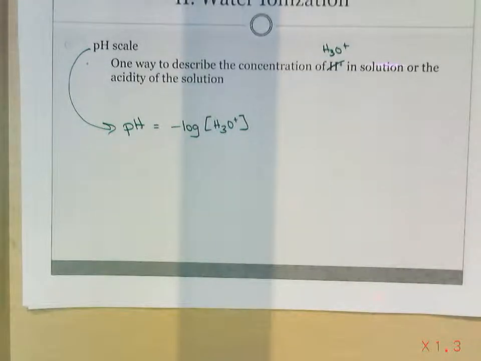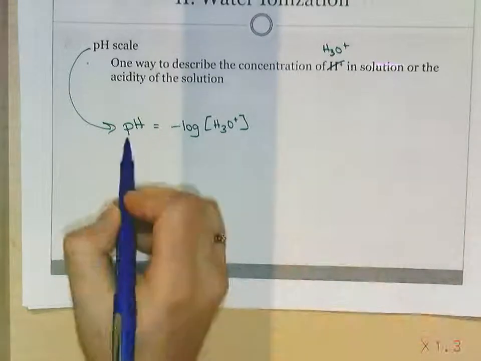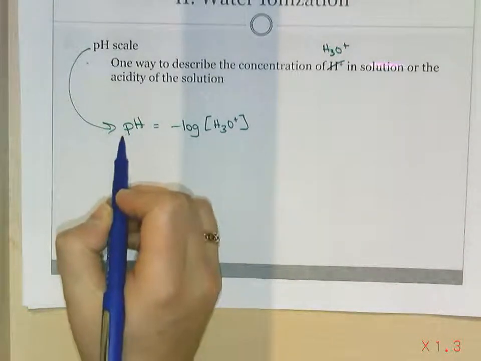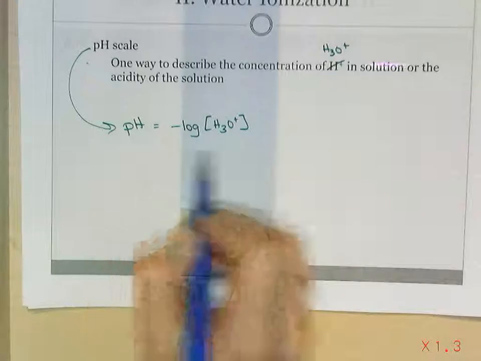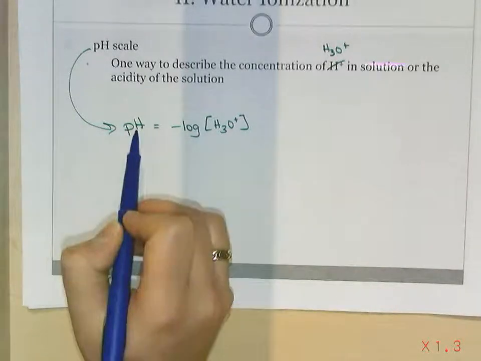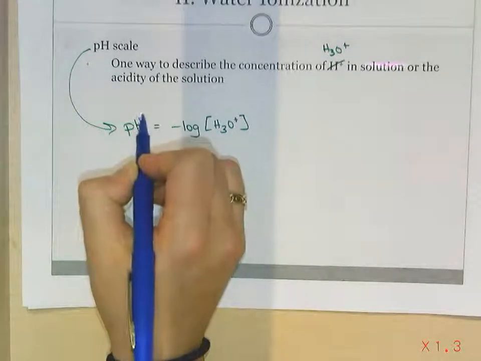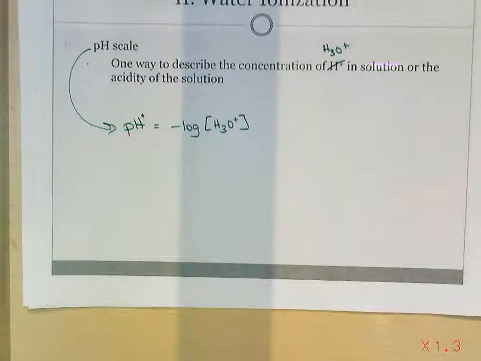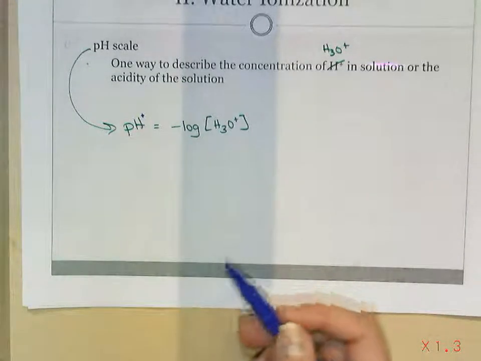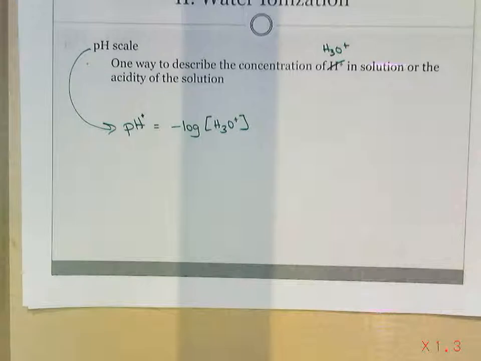This little p in math means take the negative log of the thing that's next to it. So it's more appropriate to write it as p of hydronium, which would be take the negative log of the hydronium concentration. But that's wordy, so we just call it pH.